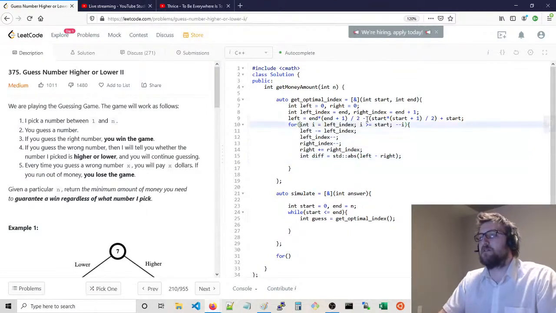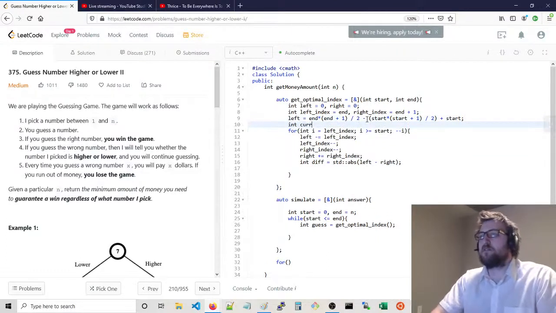So current best is going to be int max, and we'll say index equals sort of -1.